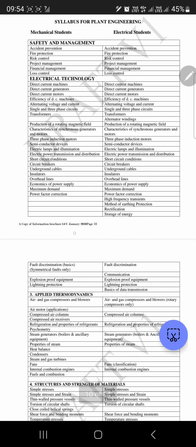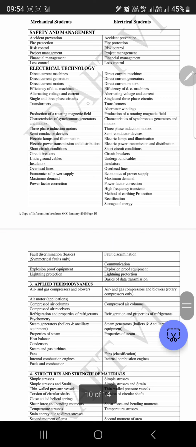The only thing that differs from electrical is that on electrical you'll be doing alternating windings, while on mechanical you don't do alternating windings.